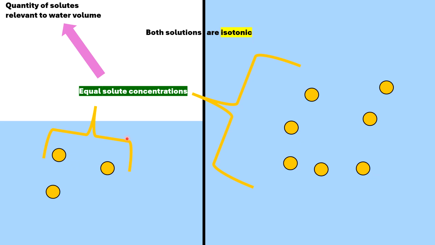So we saw before that this left side had a lot more water and it only had 3 of these, right? It only had 3 solutes. So it had a lot of water and little solutes. While this one had little water and a lot of solutes. So if we give this side the water, they're going to both have an equal solute concentration, more or less, okay?